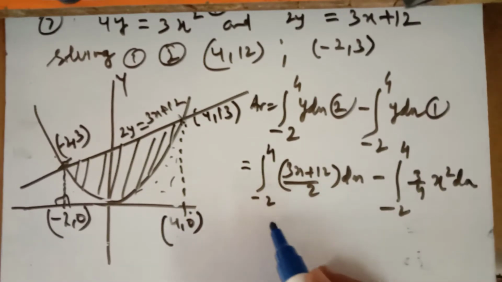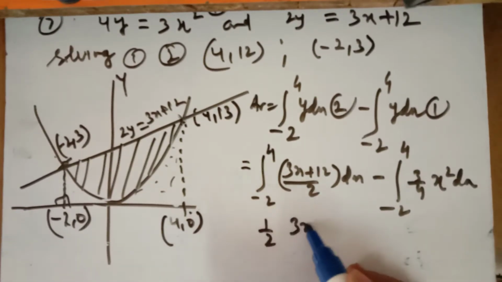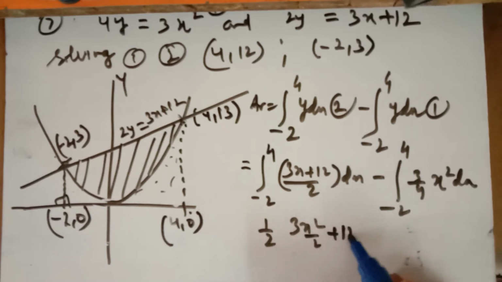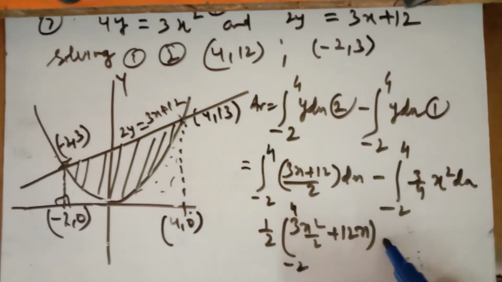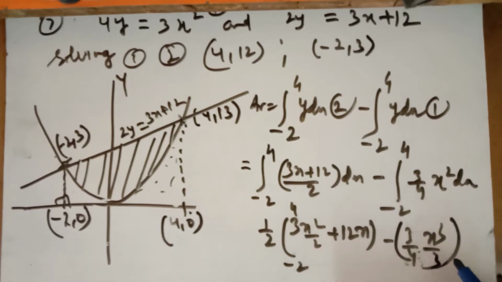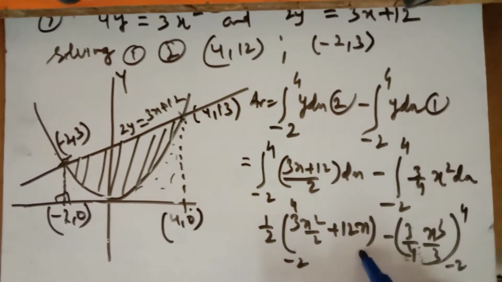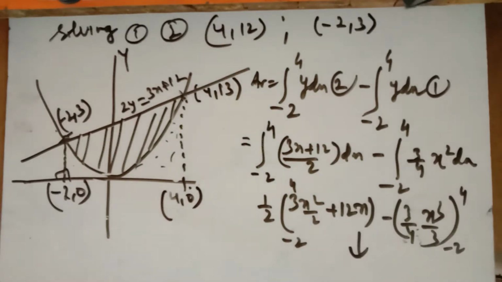So you can integrate it: 1/2 [3x²/2 + 12x], limit is -2 to 4, and here again (3/4)[x³/3], limit is from -2 to 4, upper limit minus lower limit. When you do it, you will get the area bounded by these two curves as 27 square units.